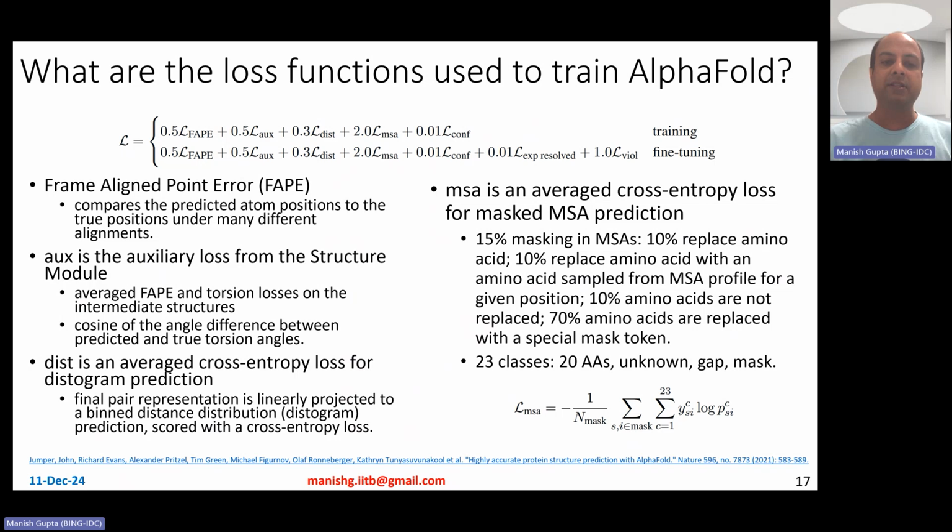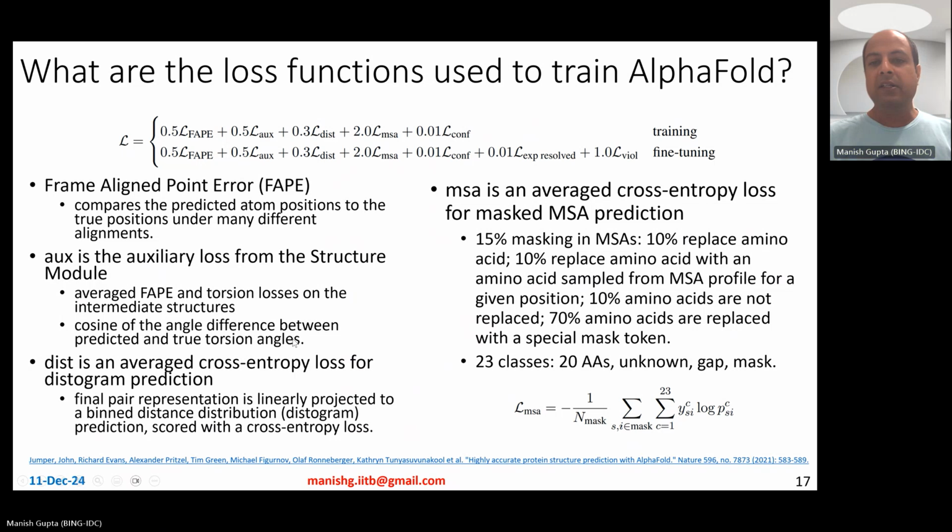What is the predicted distance histogram? You take these distances between every residue pair, defined as the distance between their C beta atoms, and then you group them into 38 bins. So you have a number of pairs lying in each of those 38 bins, and you have the number of pairs lying in each of those 38 bins from the actual true molecule. So you have a predicted distribution and a true distribution, also called the predicted histogram and true histogram. You compute cross entropy loss over those.